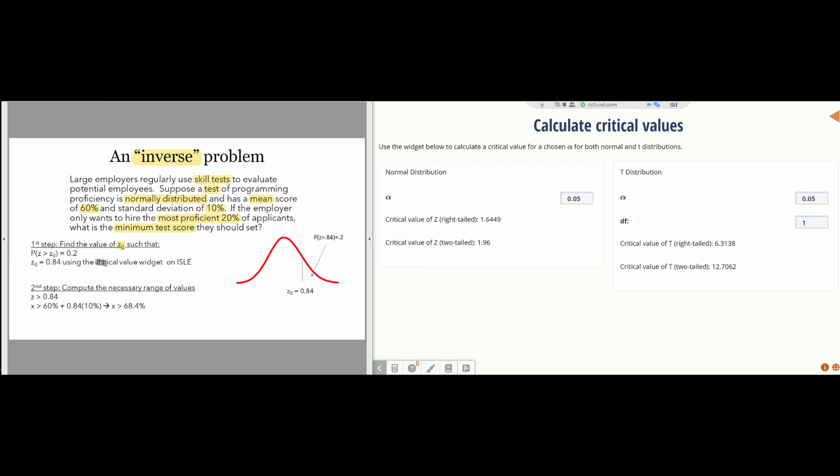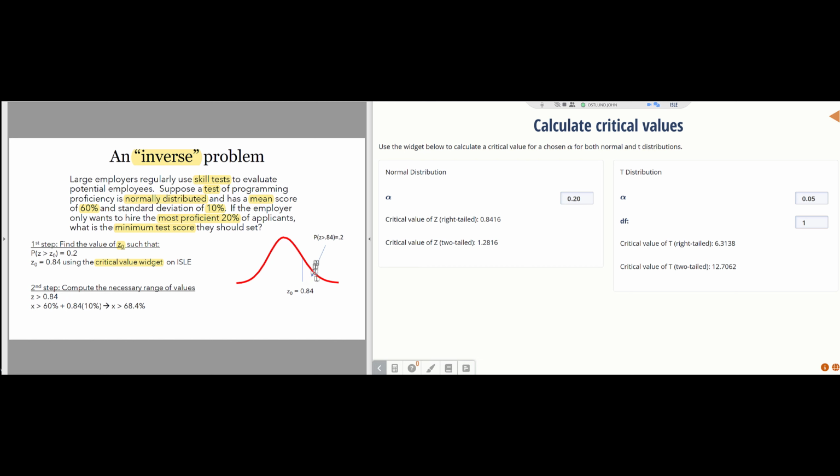All right, well, the first thing we need to do, and in this case, we're going to use the critical value widget where we start with our probability and from that get the matching z-score. We want to only hire the 20% best applicants.